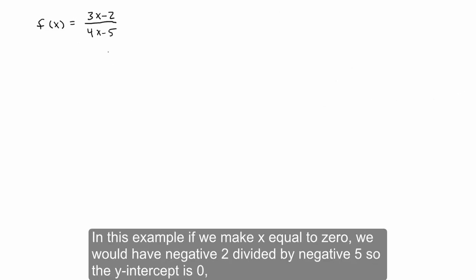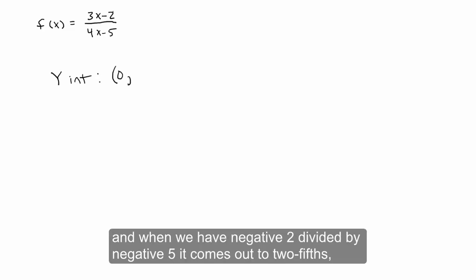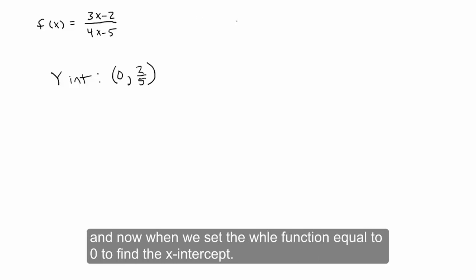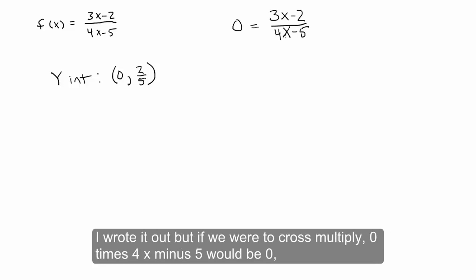In this example, if we make x equal to 0, we would have negative 2 divided by negative 5, so the y-intercept is 0, 2/5. And now, when we set the whole function equal to 0 to find the x-intercept, I wrote it out, but if we were to cross multiply, 0 times 4x minus 5 would be 0.